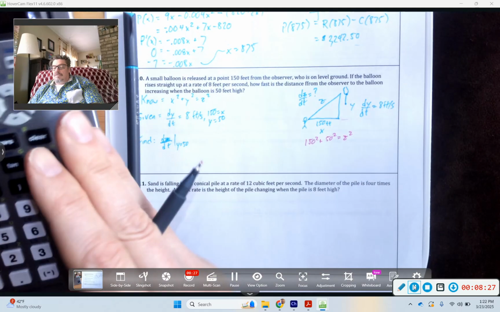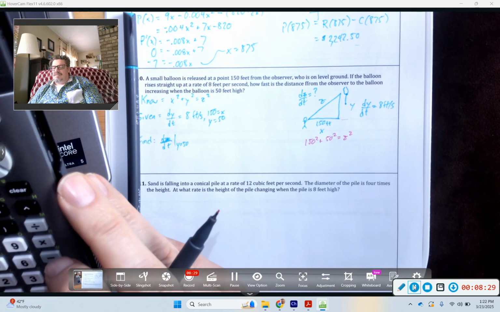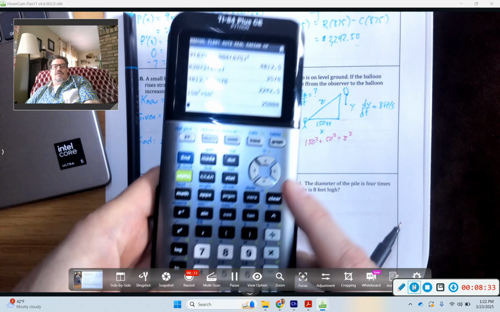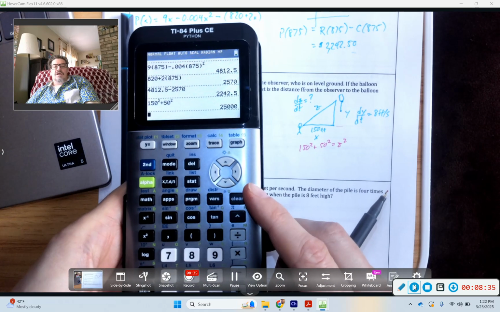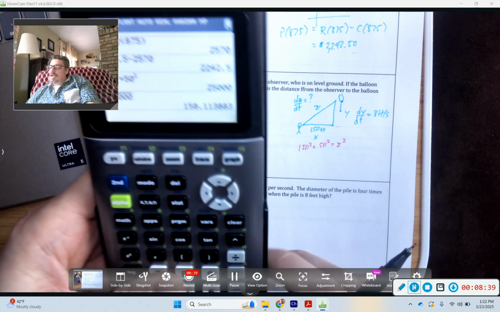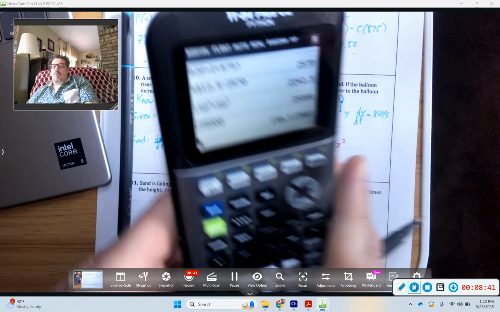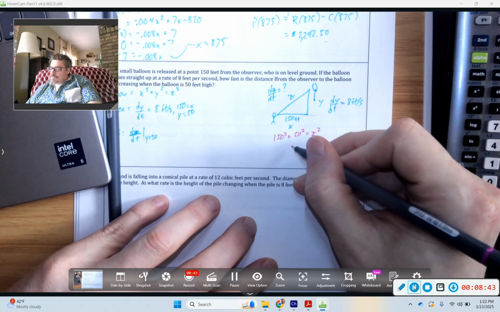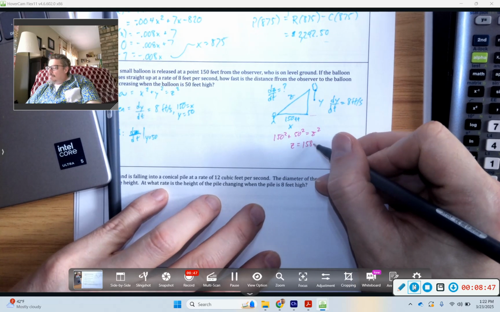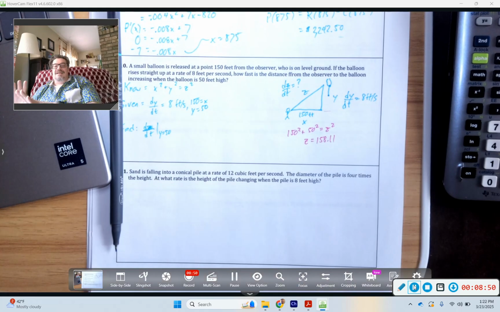Let's just keep it all in decimals. I'm going to take the square root of that, and we get 158.11. So z equals 158.11, and we'll just keep that.